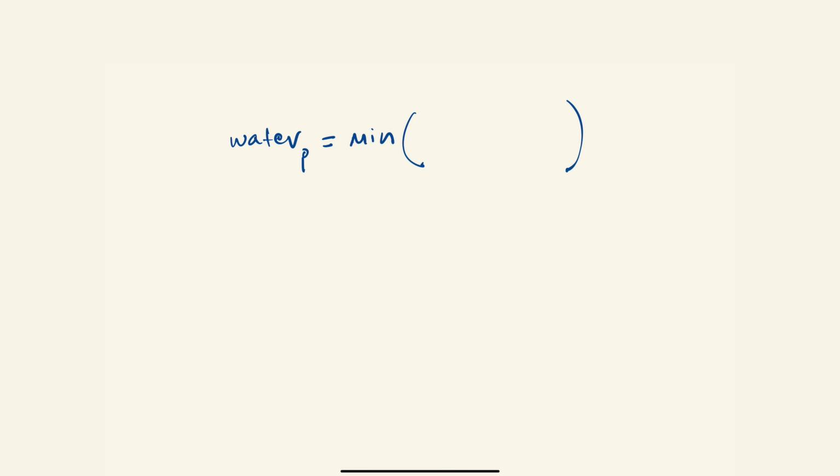What are those two values? The left height max, comma, right height max, minus the height of the wall at position I.